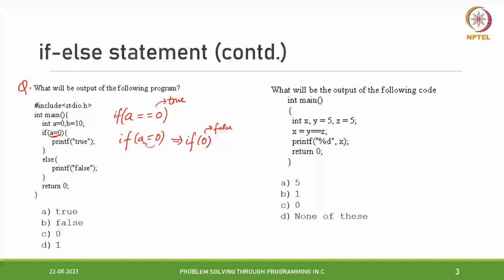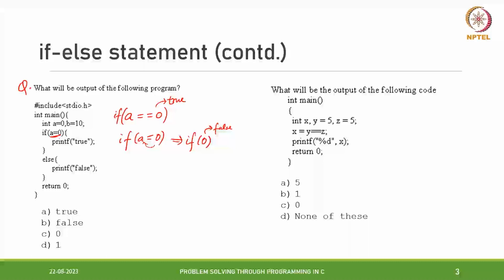Yes, sir. Okay. Why here a = 0 and why in the statement a == 0? Both of these are single equals here. That is what I was trying to point out: if I had written double equals, I would be comparing the value of a and 0, and that would have been true, because you have initialized a to 0.